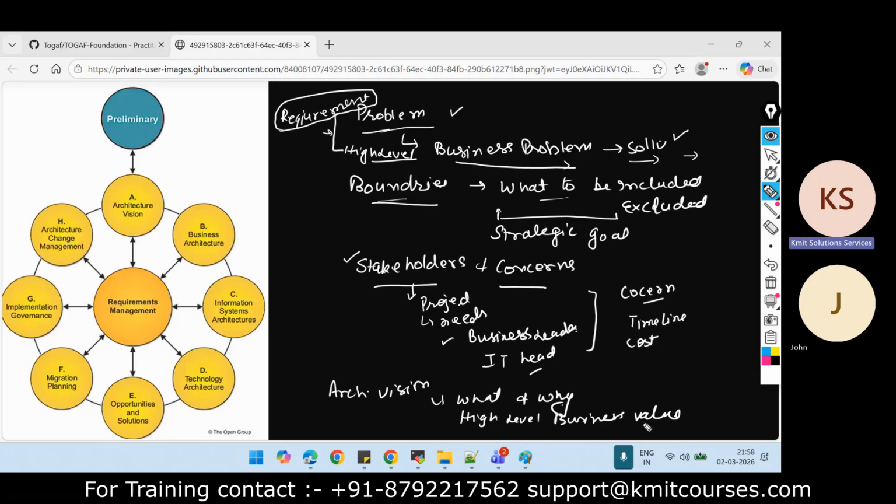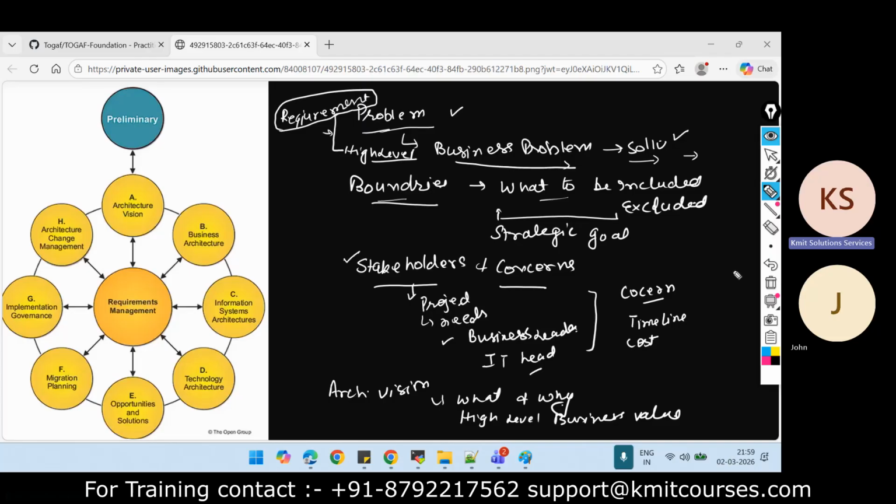So once you have the approval, then you can proceed to the next phase. Otherwise not, right? So in this phase, we are basically ensuring that the right resources, budget, everything is taken care of.